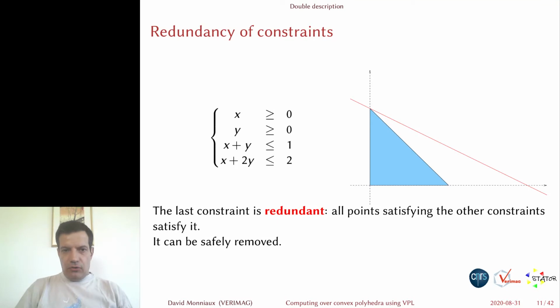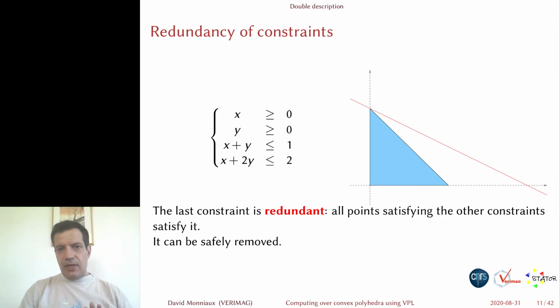Another important point, these descriptions are not always unique, because you can have redundant elements of these descriptions. So for instance, I have this system of inequalities that describe the blue triangle. But one of these inequalities is redundant, the one that expresses the red line. I can remove it without changing the set that is described by the system.